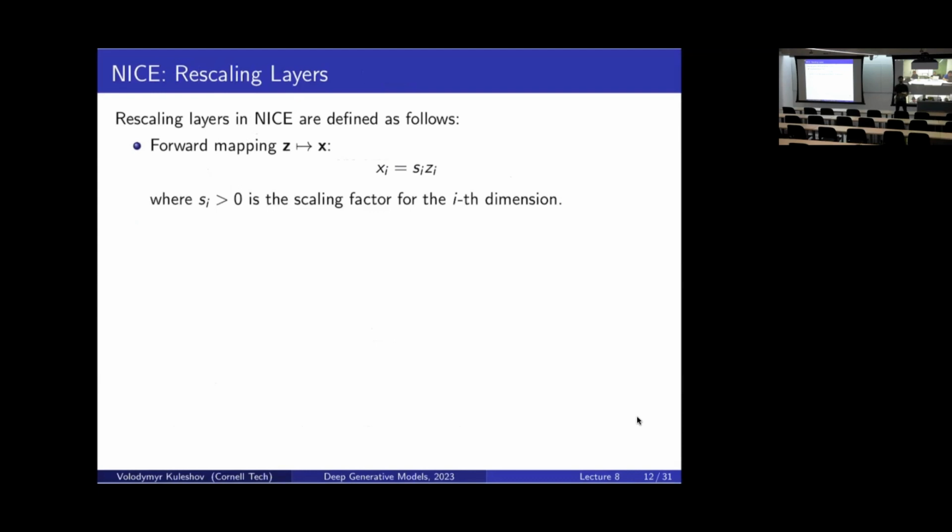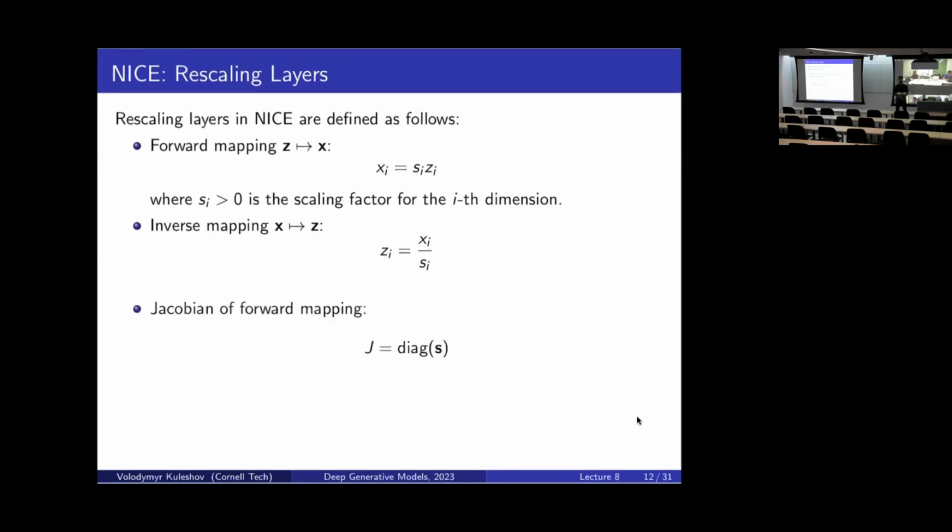The rescaling layer, as the name implies, is just a component-wise multiplication of the input by a rescaling factor S. This is the forward mapping. S is always strictly greater than 0. Therefore, the inverse mapping is also well-defined. It's very simple. It's just the division.